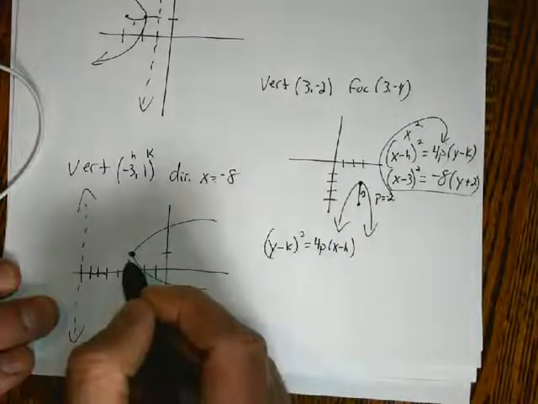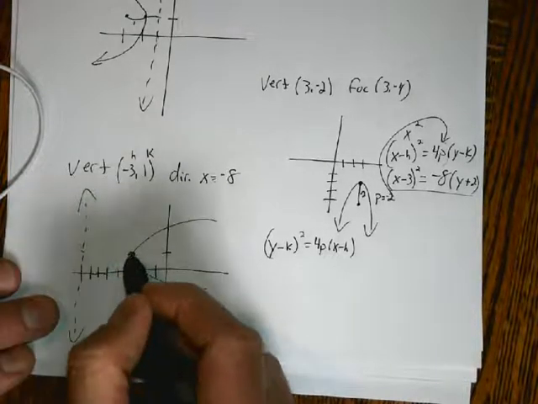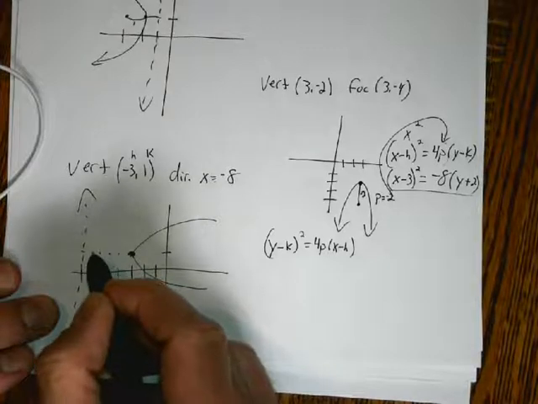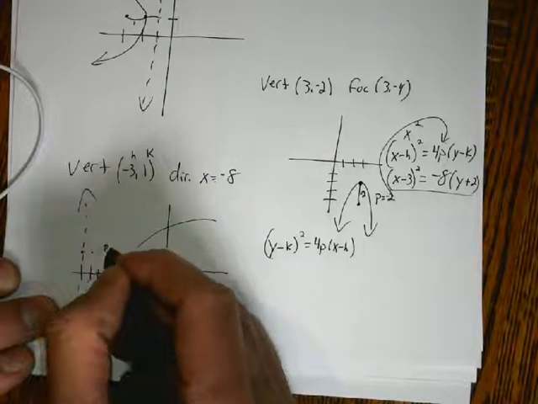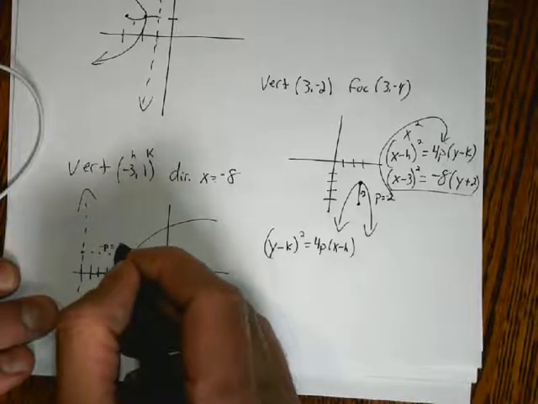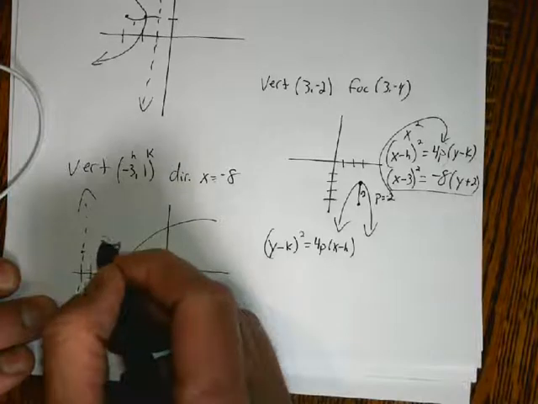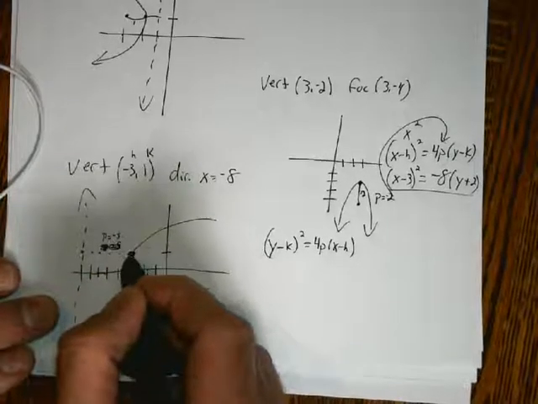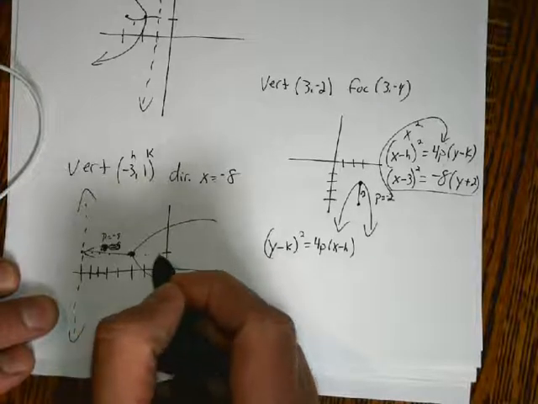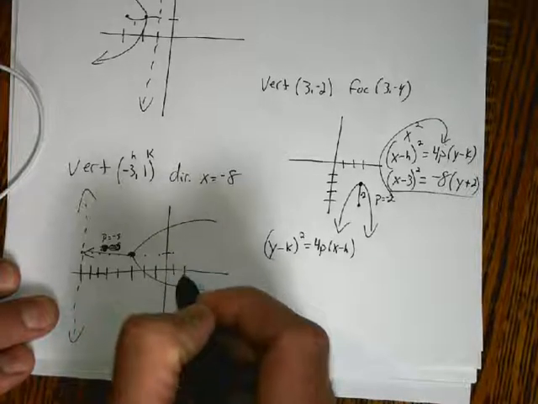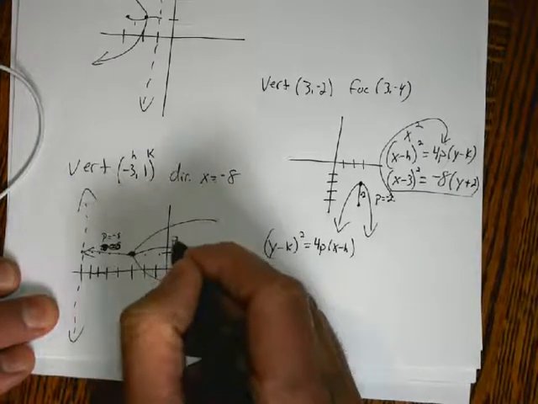This is at negative 3, so we have to count how far it is back to negative 8. So 1, 2, 3, 4, 5. This direction was negative 5, which means the positive value goes the other way. 1, 2, 3, 4, 5. So your focus then has a p-value of 5.